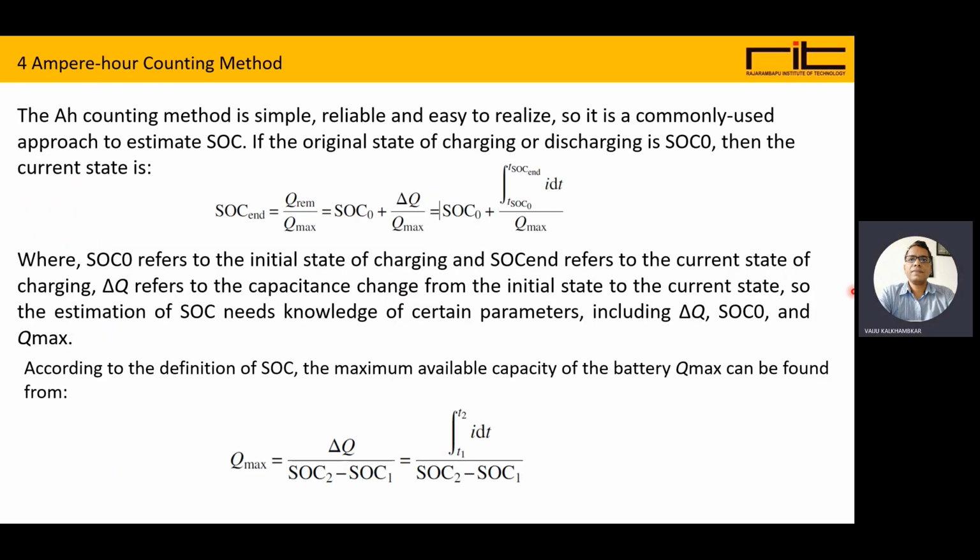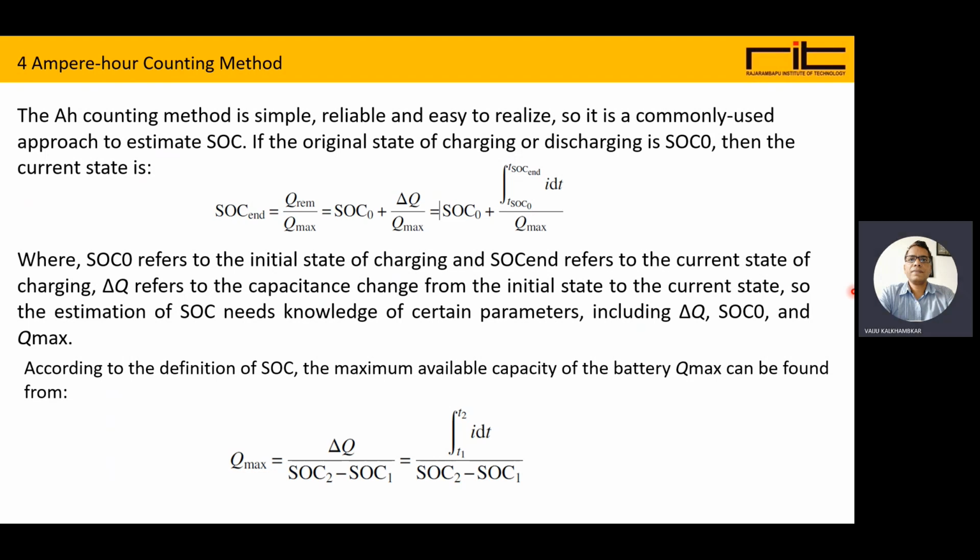The next method of state of charge estimation is the ampere hour counting method. The ampere hour counting method is simple, reliable, easy to use, and a commonly used approach for the estimation of the state of charge of the battery.